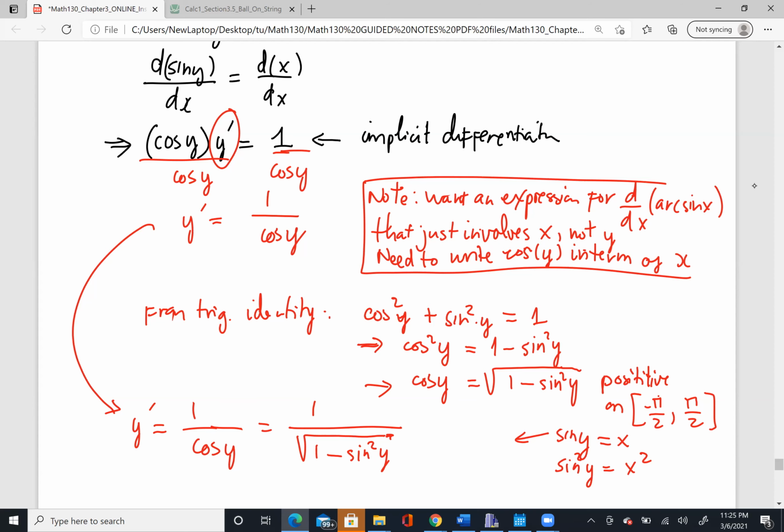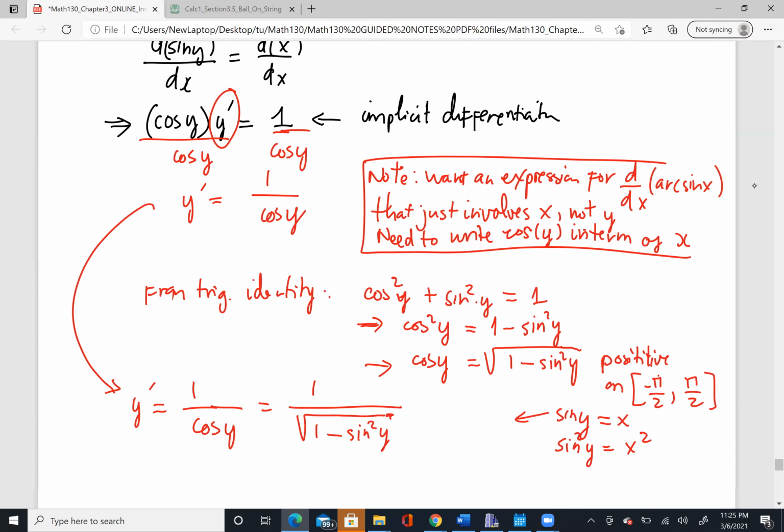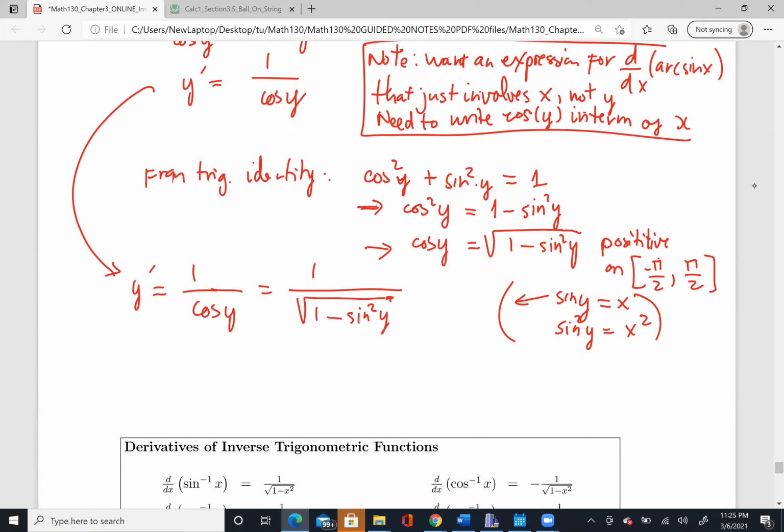Okay. So now instead of 1 over the square root of 1 minus sine squared y, you can rewrite it as 1 over the square root of 1 minus x squared.